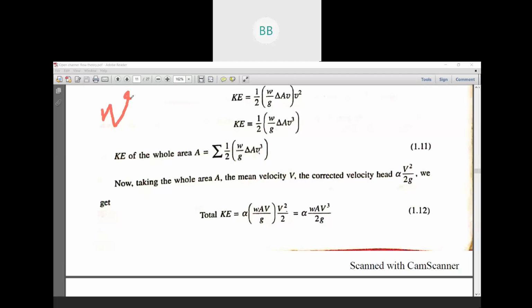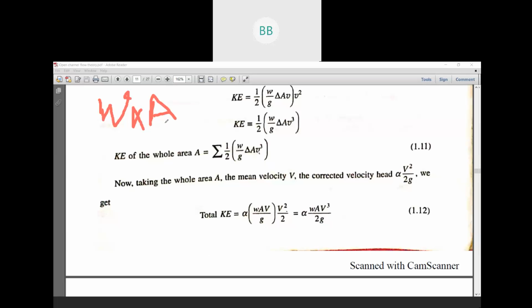So mass is nothing but your specific weight multiplied by area. In the previous case we considered a small area del A. Now as we are considering the whole cross section, we are going to consider the whole cross-sectional area.